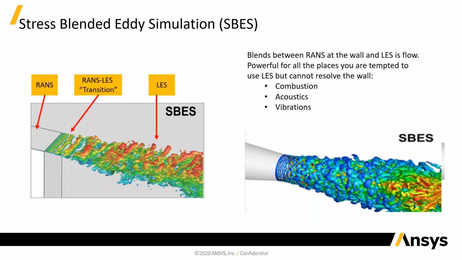And that's really important because a large eddy is seen as an important contributor to good quality turbulence modeling, but it's often abused and applied at walls and things where the RANS model is actually better. So here now we can make use of the optimum model, and it's great for combustion, acoustics, vibrations, that type of problem.